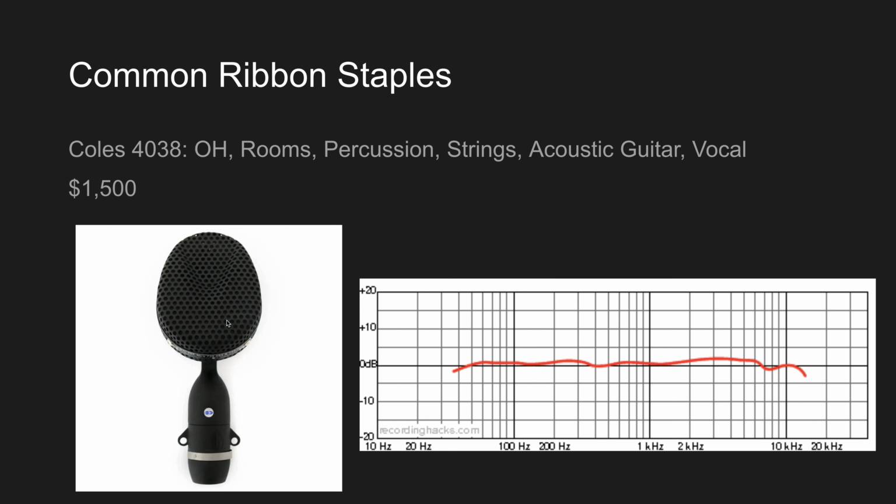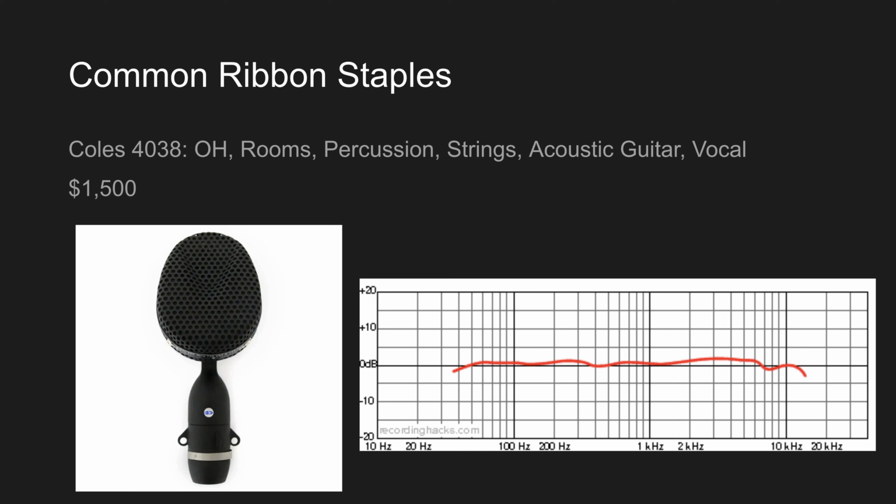This was basically the BBC microphone. They had a hand in producing it. You can get it for around $1,500. So again, not super expensive for a ribbon, but this is where the high-end ribbons live.